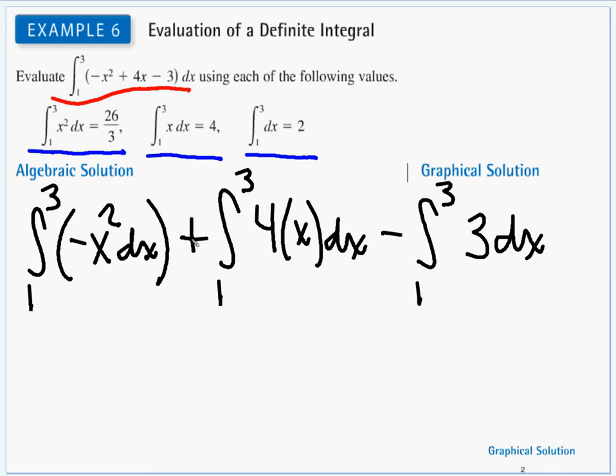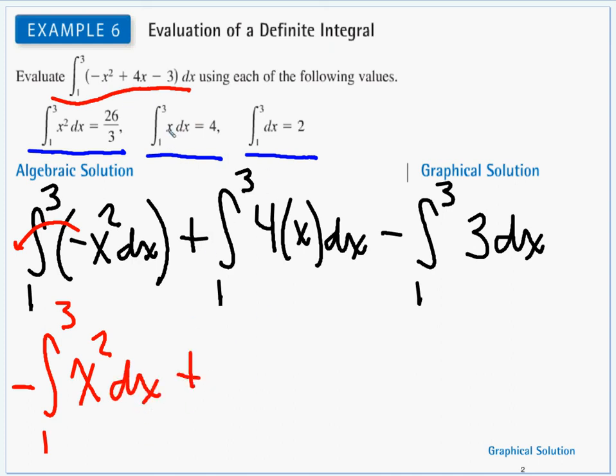Now let's look at our key. We're pretty close. Here we've got in our key x squared dx, but down here we've got a minus x squared dx. So to make it match the key perfectly, let's factor out the negative: negative integral 1 to 3 of x squared dx.